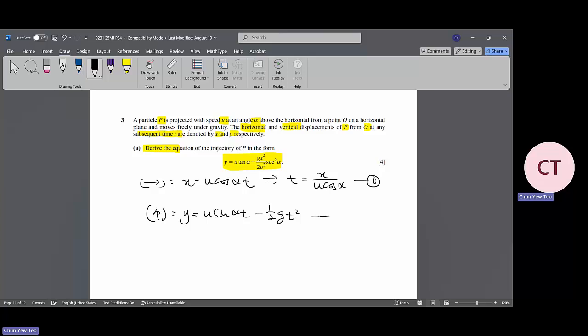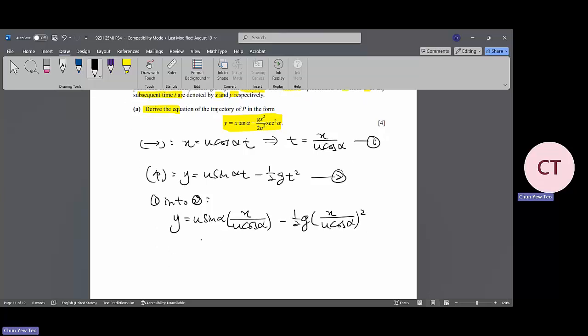And over here, we make t become x over u cos alpha. Equation 1, I call this one equation 2. Just need to substitute equation 1 into 2. You will get y equal to u sin alpha times x over u cos alpha, minus half g times x squared over u cos alpha all squared. If you expand it, you can see that u and u cancel.